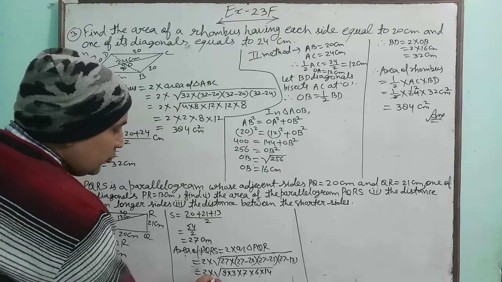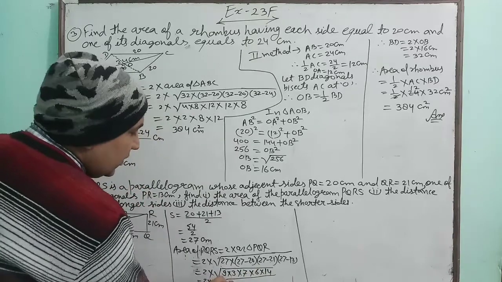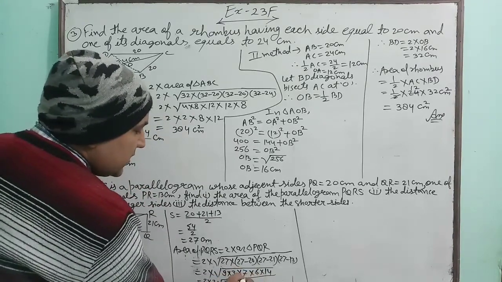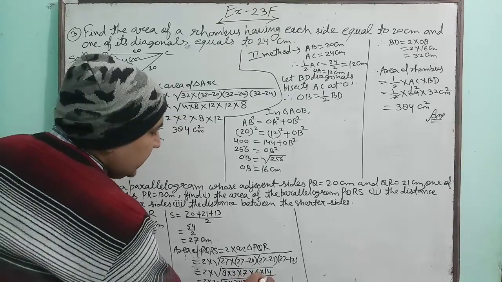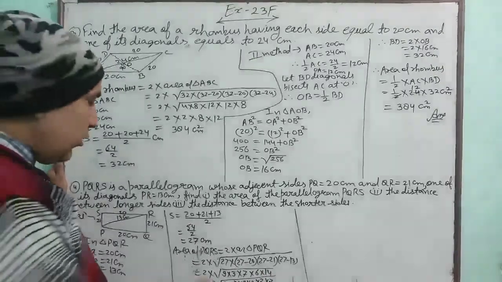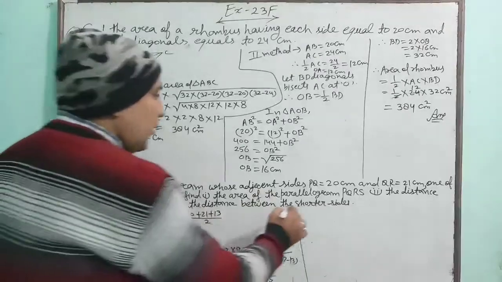Again, square root of 9 can be taken out. It is 3. This 3 is remaining. This 7 is remaining. 6 can be broken as 3 into 2. 14 can be broken as 2 into 7. Now to solve the square root, from every pair one number is taken out.